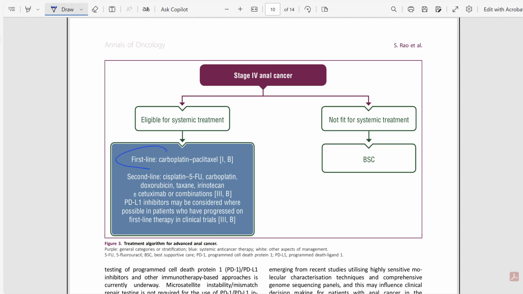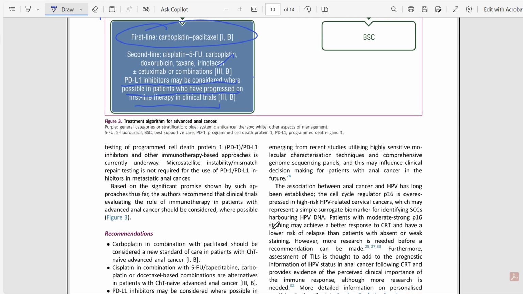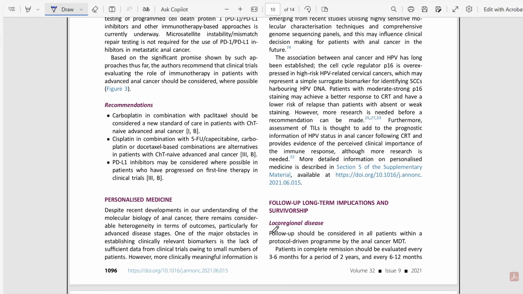For stage 4, first line chemo is paclitaxel carboplatin, and you can check PD-L1 where people have progressed. As in colon and rectal cancers, which we'll discuss later, you divide into left and right, which you manage differently. But here, give paclitaxel carboplatin, TPF, and PD-L1 may be considered. There are still a lot of trials going on.